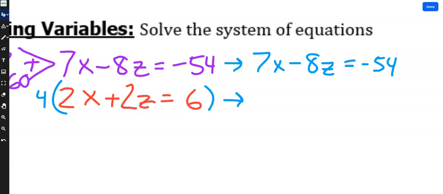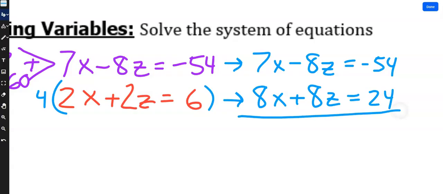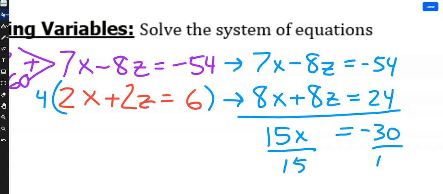And the bottom one's going to change. 8x plus 8z equals 24. And so now when I add these together, I get 15x equals negative 30. And now I can divide by 15, and we get x equals negative 2.